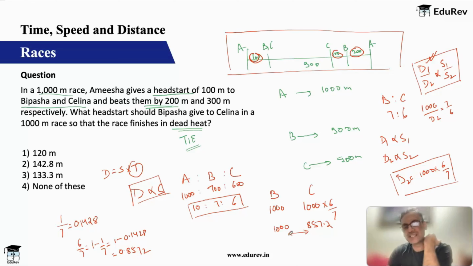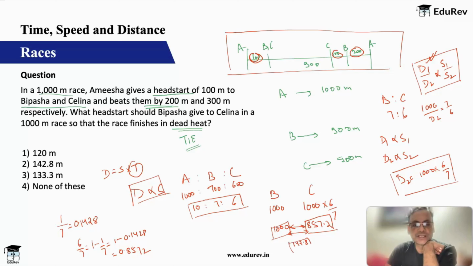This is the gap. So if Bipasha is given to run 1000 meters and Selina is given to run only 857.2 meters, then they will finish the race at the same time. So this gap should be the head start that Selina should get over Bipasha, and this difference is 142.8.